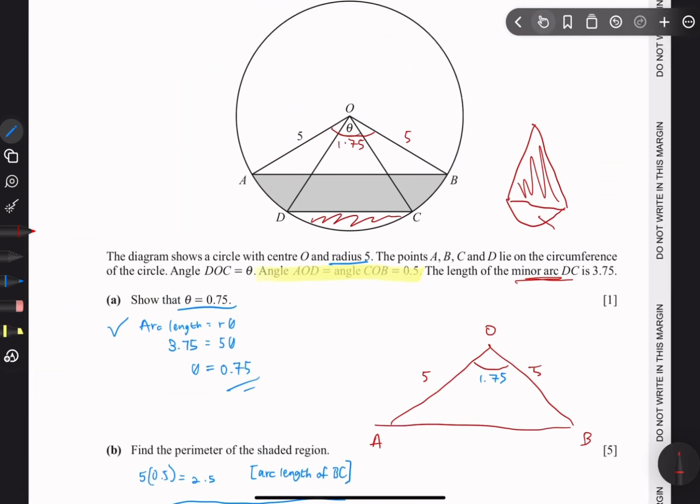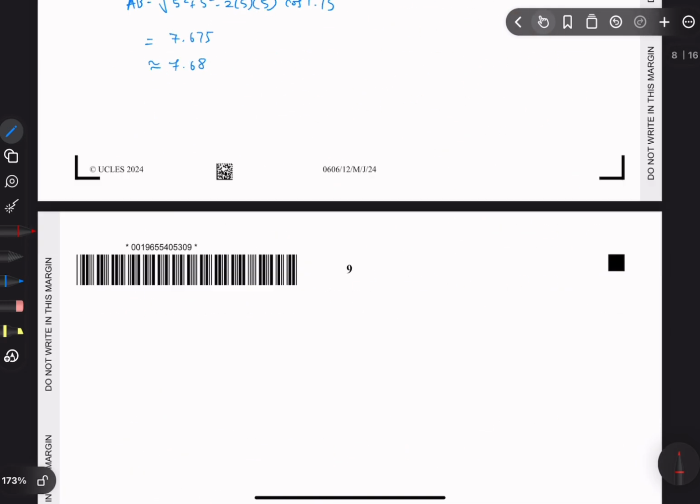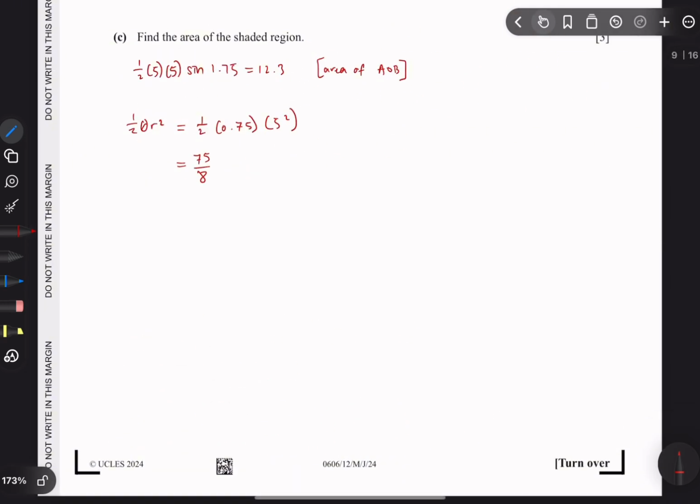Okay, the angle is 0.75, as we know from the previous part of the question. And the r is 5. So that's why we use these numbers.